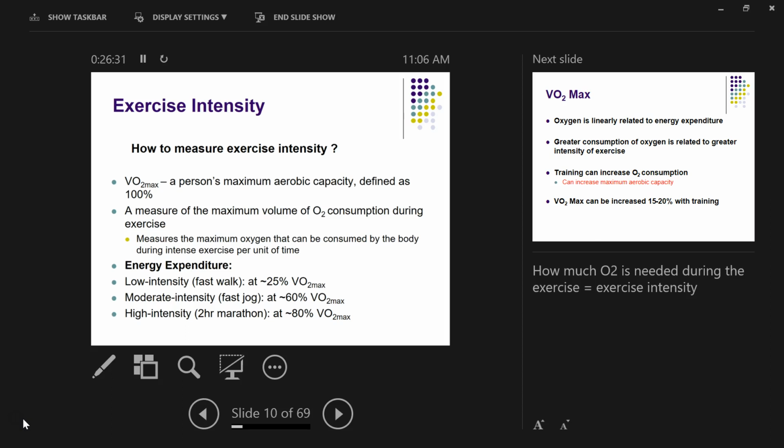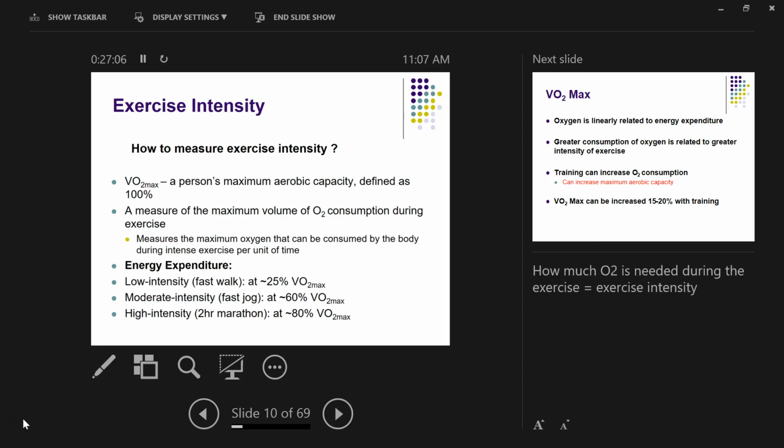For example, low intensity exercise, like a fast walk, type of activities are considered low intensity, and you only use 25% of an individual's maximum oxygen capacity, right? And for moderate intensity, like a faster jog, you use 60% of your maximum oxygen capacity.